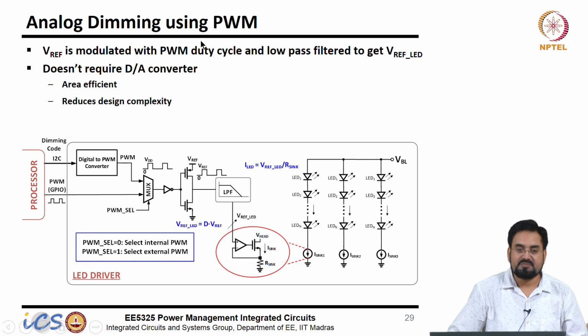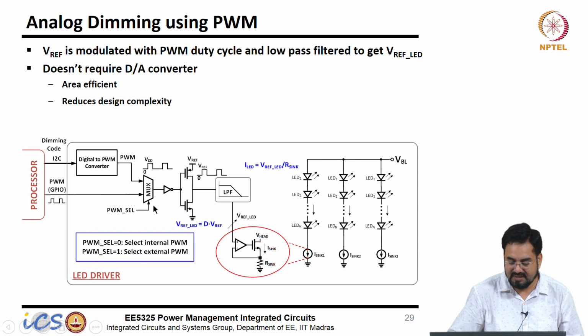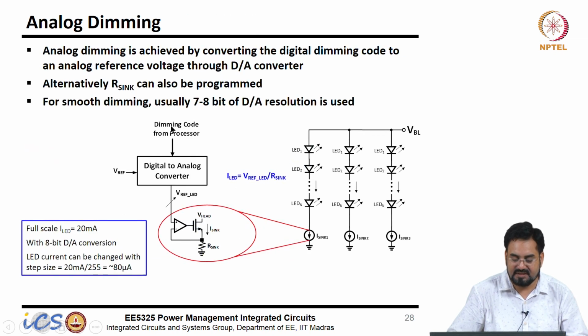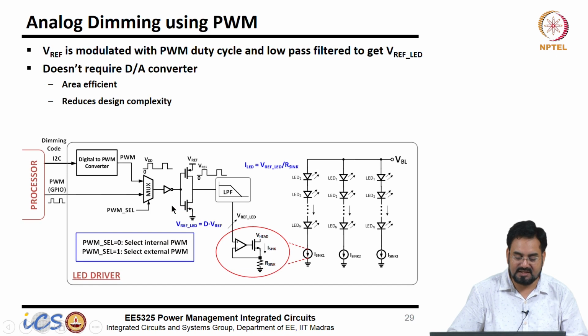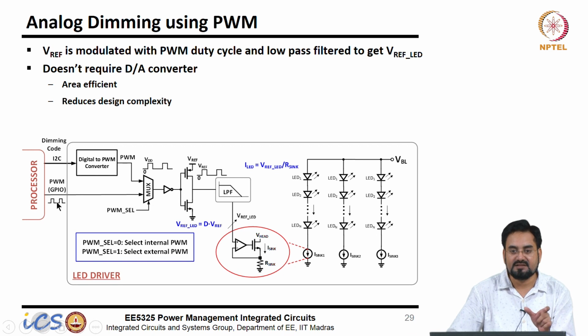Analog dimming using PWM is another possibility. Let's say this is your processor, and the processor can send a command over I2C. This will send a digital code, and the digital code will program this voltage directly. Another possibility is that instead of I2C, it may send a command over GPIO, general purpose IO, in the form of PWM, pulse width modulation. So the duty cycle of this PWM will contain the code.